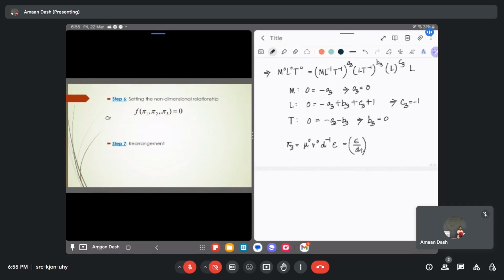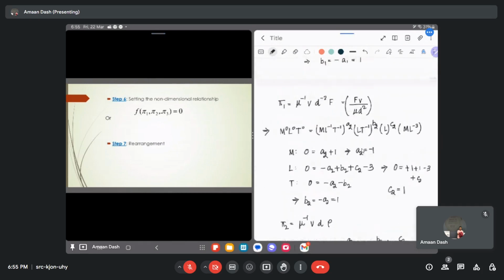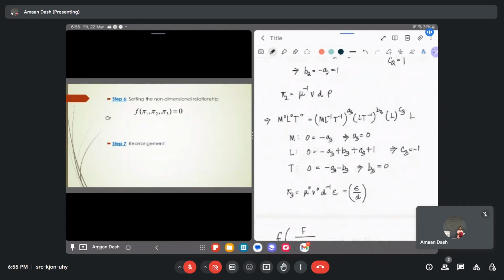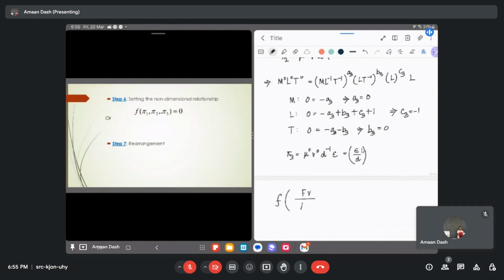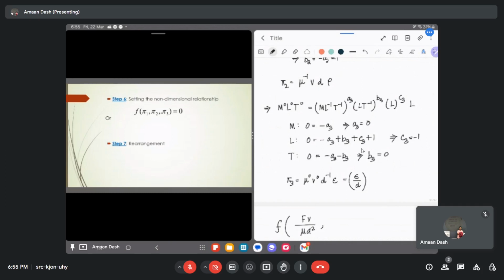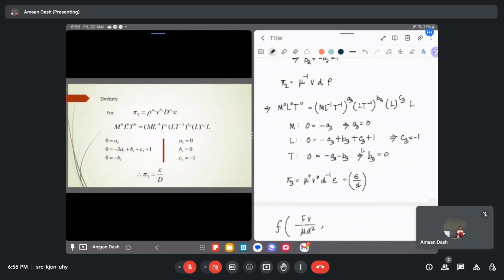So now we can do a rearrangement something like this. We can write a function of f by f v by mu d square, second one is rho v d by mu, and then we have epsilon by d is equal to 0.